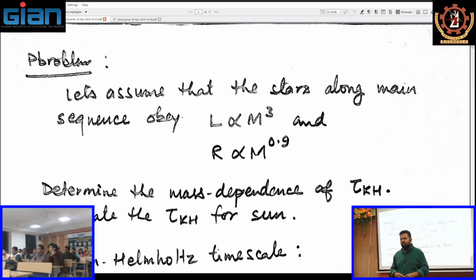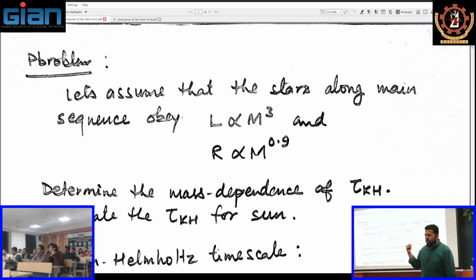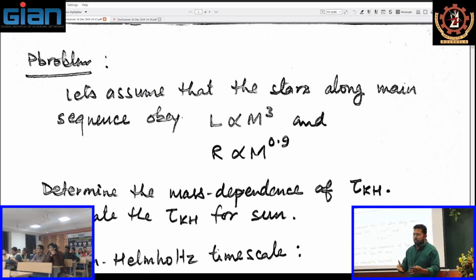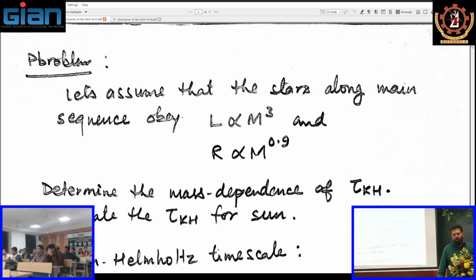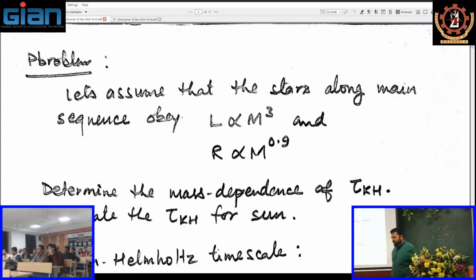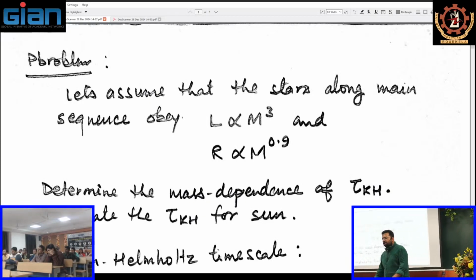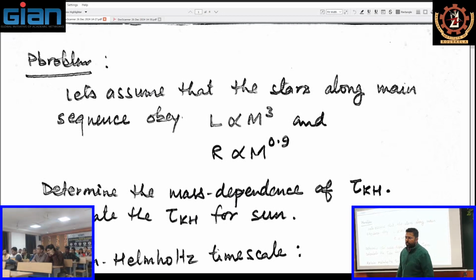Luminosity is basically how the star is losing energy per unit time. So to define the Kelvin-Helmholtz or thermal time scale, you compute the thermal energy content of your star and divide it by the luminosity. That is the time required for a star to lose all its thermal energy.